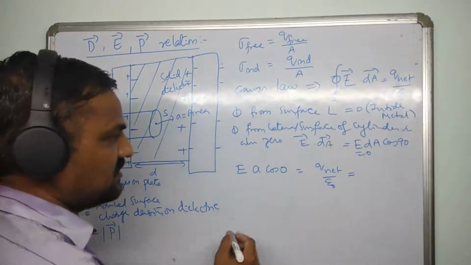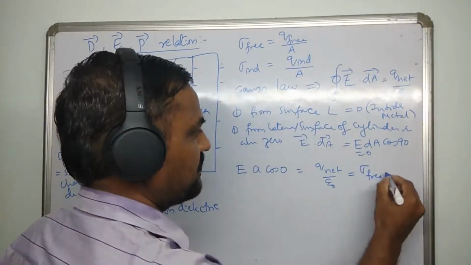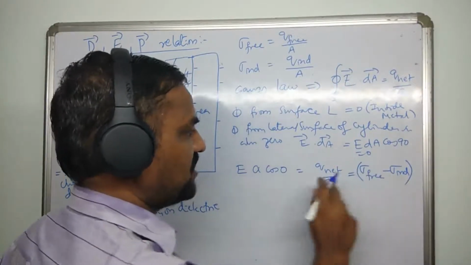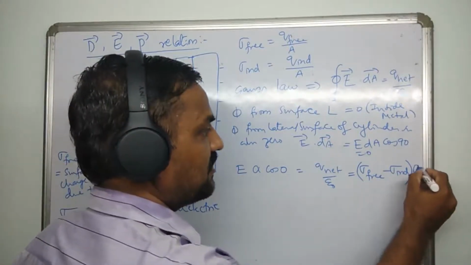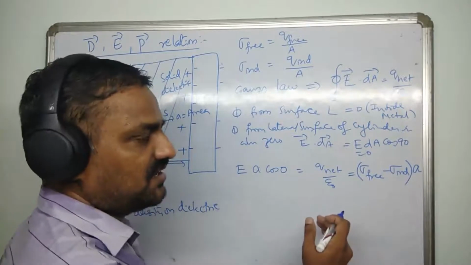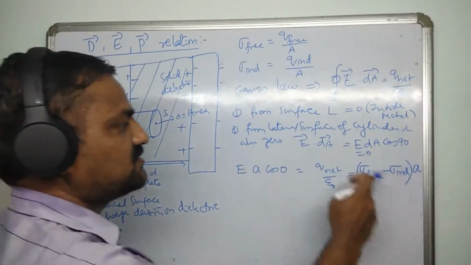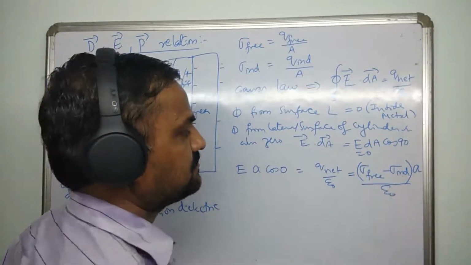So this Q net is nothing but sigma free minus sigma induced. As we want charge but not the charge density, we have to multiply by the area A of this base, since this is surface charge per unit area. That gives you the net charge inside, divided by epsilon naught.